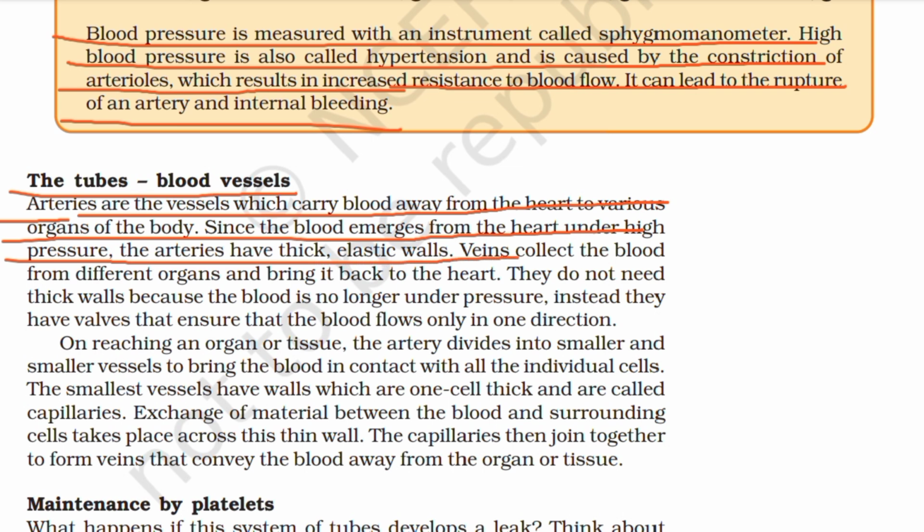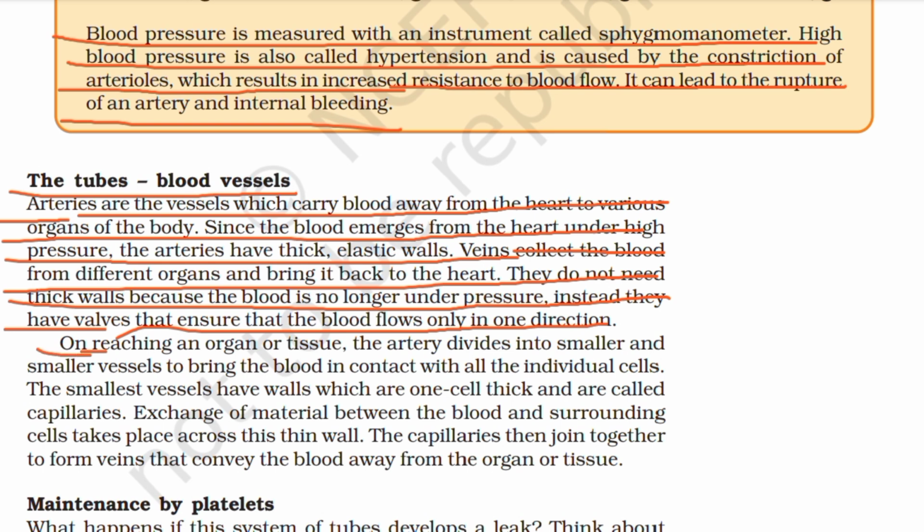Veins collect the blood from different organs and bring it back to the heart. They do not need thick walls because the blood is no longer under pressure. Instead, they have valves that ensure that the blood flows only in one direction.